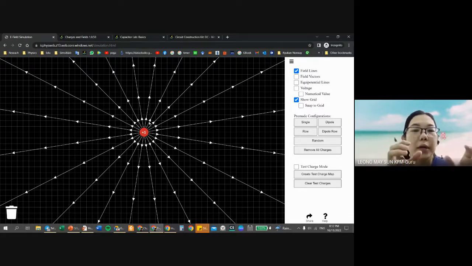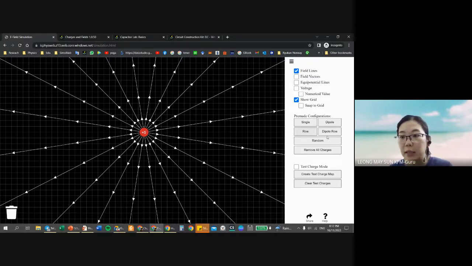So here, a positively charged particle, the arrows that you are seeing over here are all electric field lines. As you notice, the further away, the distance further away means that it's much weaker. When it's closer together, it is much stronger.